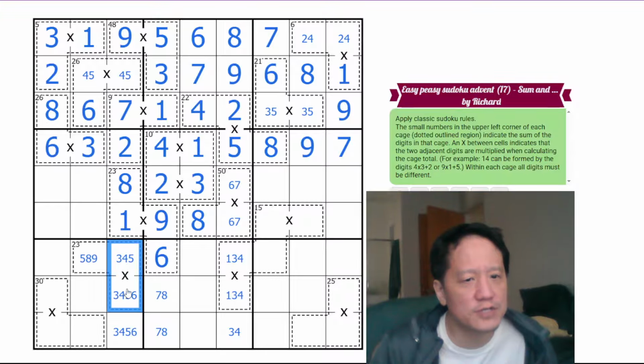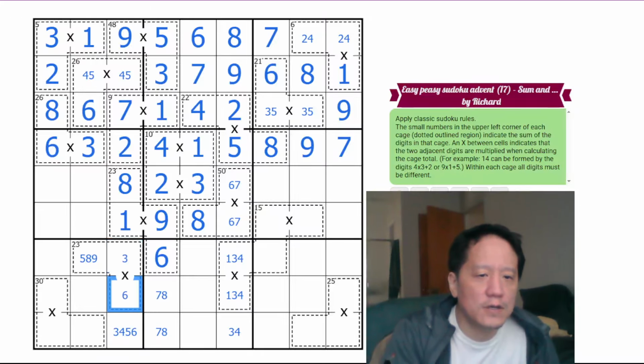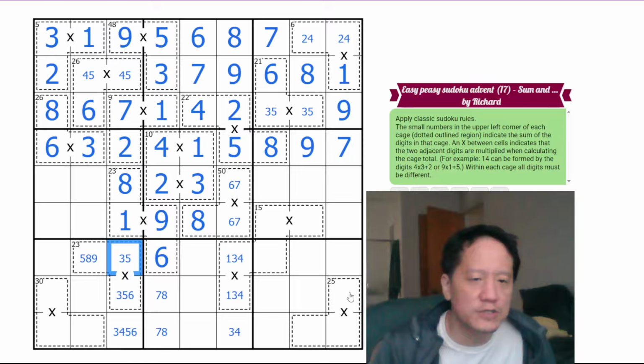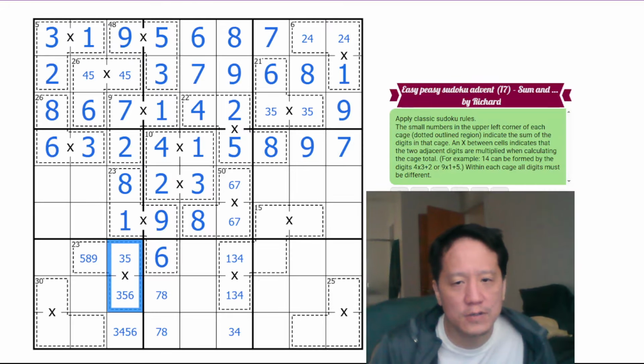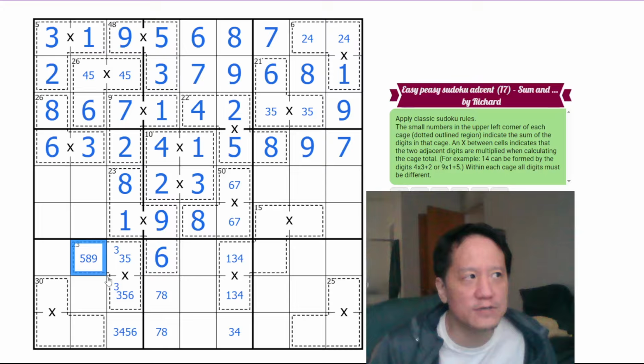Yes, and that's 3 times 5. So we have 23 minus 5 is 18. That's 3 times 6. 23 minus 8, which is 3 times 5. So we're guaranteed a 3 here so far. And 23 minus 9 is 14, which can only be 2 times 7, but that's not possible. So this can't be 9.